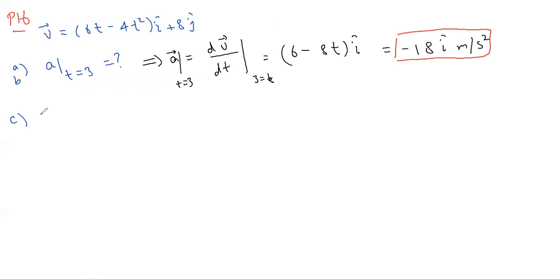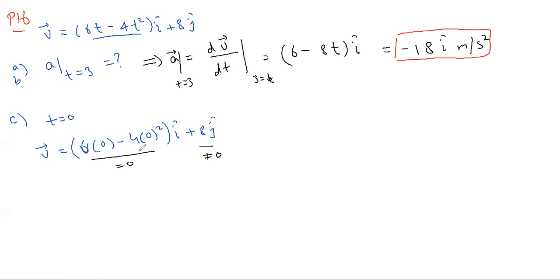In the next part, it is asked whether v can be zero or not in this situation. We can see from this equation that the i component depends upon time. If I put t equal to 0, then 6 into 0 minus 4 into 0 square i hat plus 8 j, still the j component is not equal to 0, while the i component is 0.